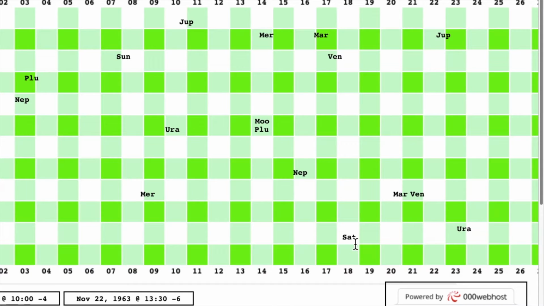If we go down, we go 1, 2, 3, and we have these 2 planets. This is Mercury, and this is Mars in the natal chart, and this is transiting Saturn. So we can see that Mercury is like 4 degrees different from Saturn. So that's a bit of a stretch, but what's 5 degrees out of 360?